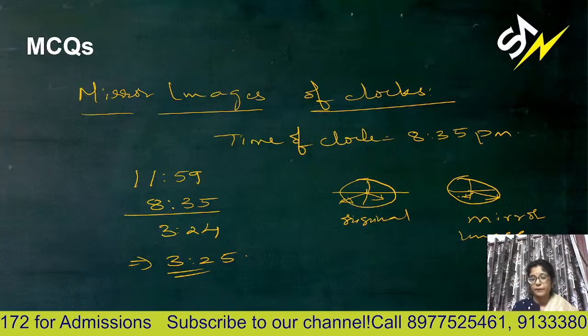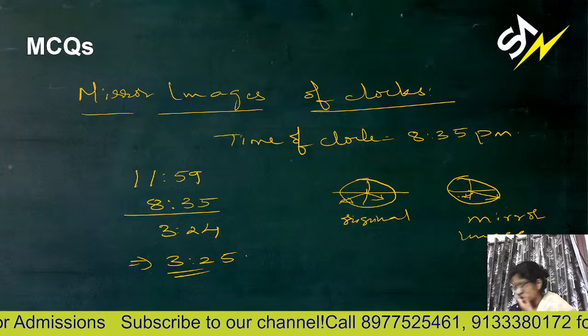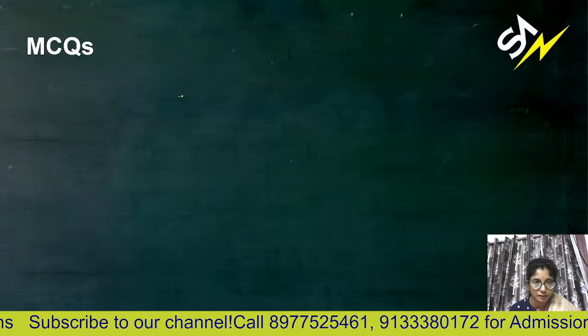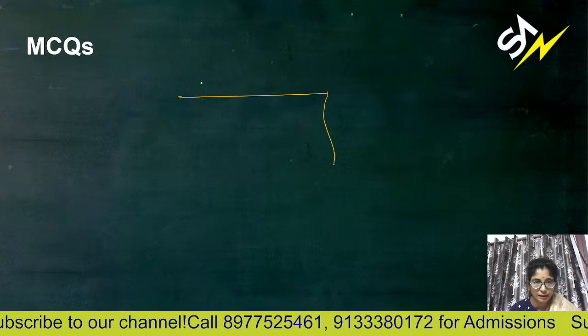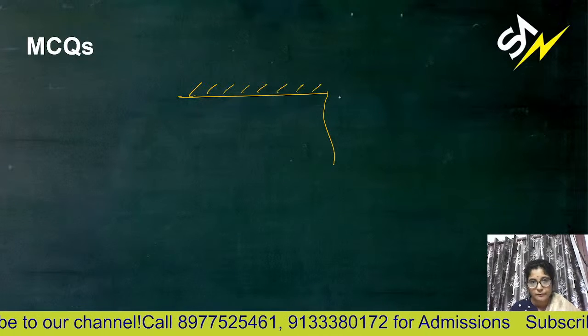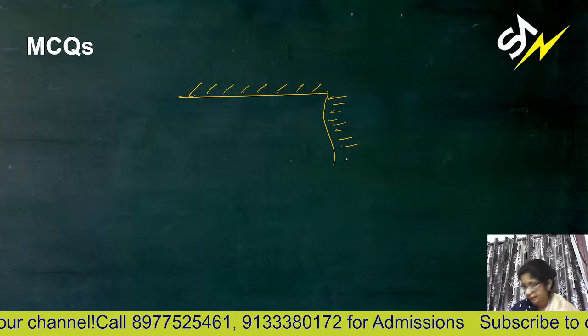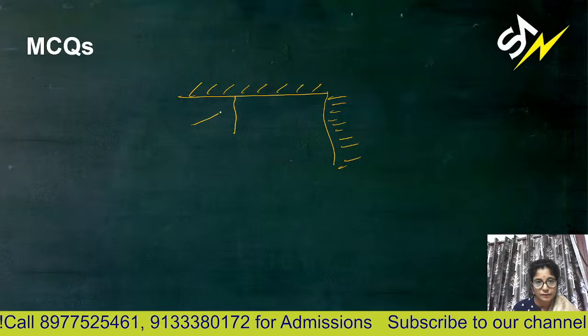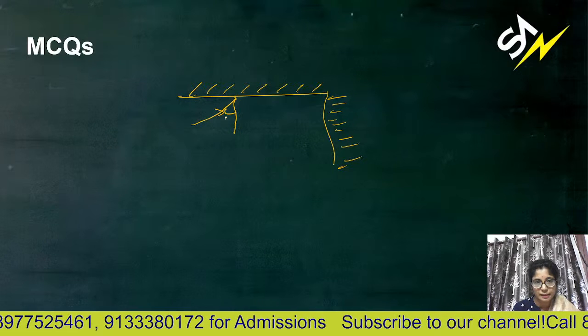Okay, now we will do one more thing. Like there is a mirror somewhere here, and two mirrors are inclined in this way. This is the normal, and the light is falling somewhere here. This is theta.